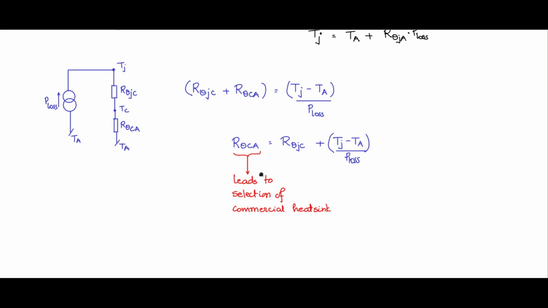So this way a heat sink can be designed, selected, and then integrated with the diode. And it's very important. Thermal heat removal is a very, very important aspect of any power electronic equipment. Every switch has to be well thought out. You have to compute the thermal aspects properly.